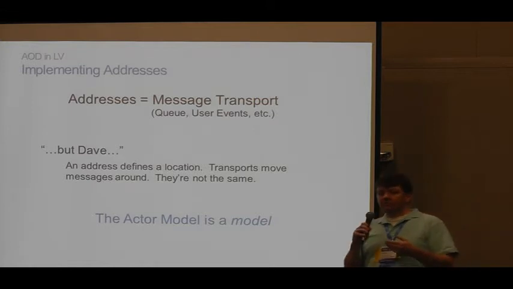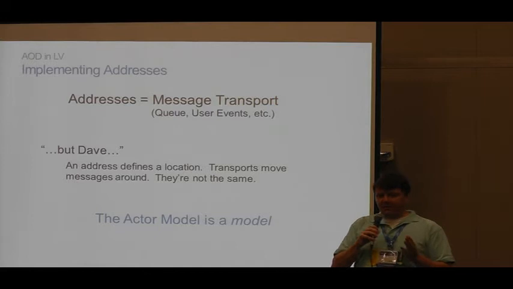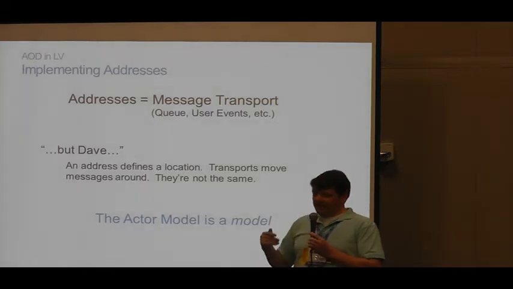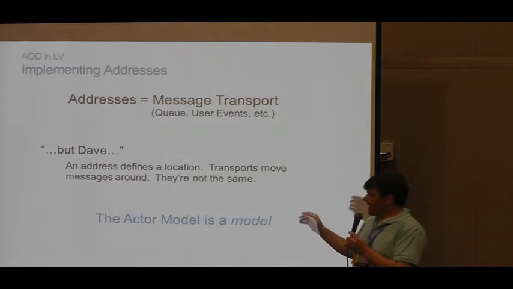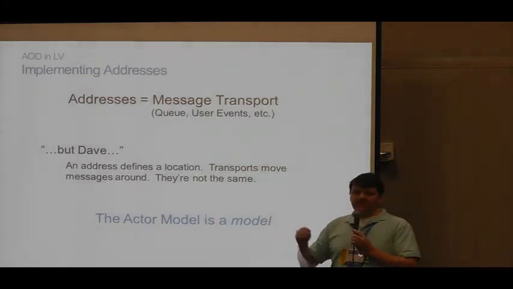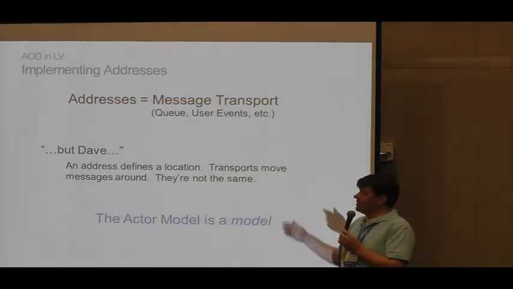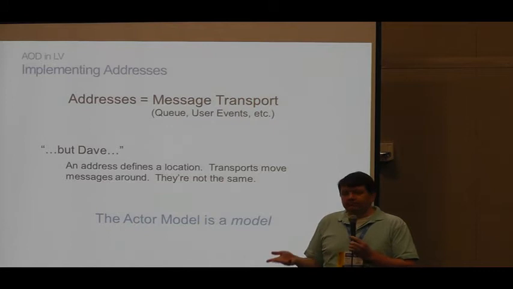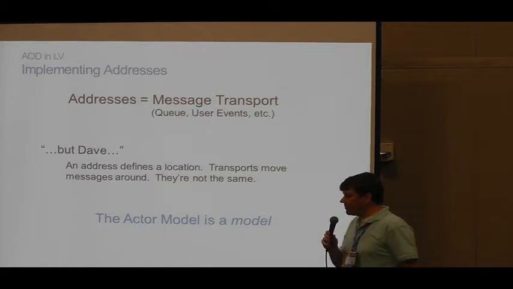Don't get too hung up trying to implement the model exactly as it's presented. The model represents metaphors for how to think about things. The purpose of an address is to make sure a message gets to the right location. The message transport does exactly that. As far as we're concerned, they serve the same roles, so we call them the same thing.